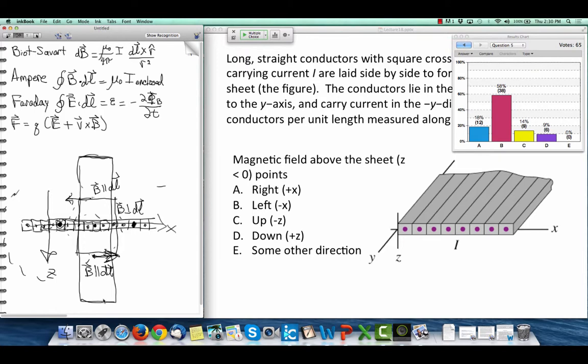So for this infinite sheet of current, you have a magnetic field that points either to the left above or to the right below, and doesn't get smaller as you go farther away. Now, there really aren't infinite sheets of current, and I don't know of a common use for that kind of geometry, where you have a sheet of current that's really big.